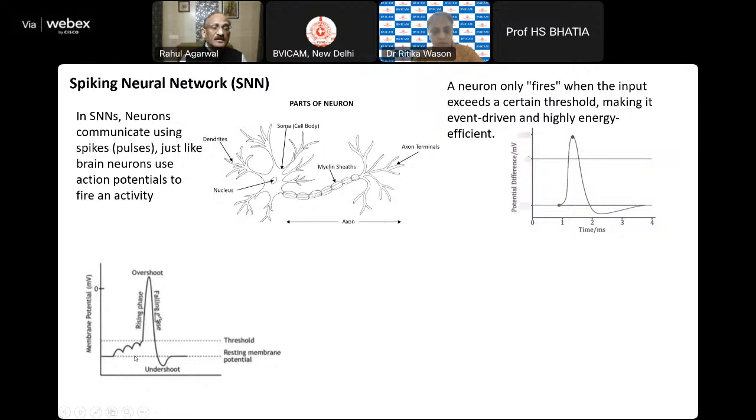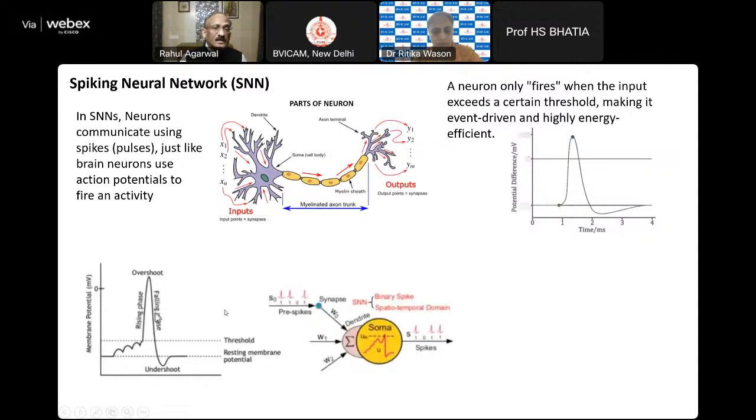So the increase in voltage becomes faster, because it is getting input from different neurons, and it is applying a certain weightage.